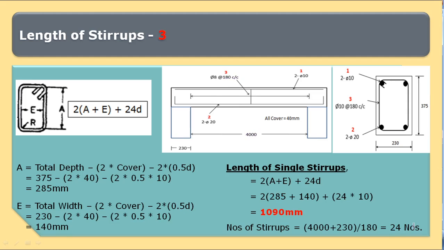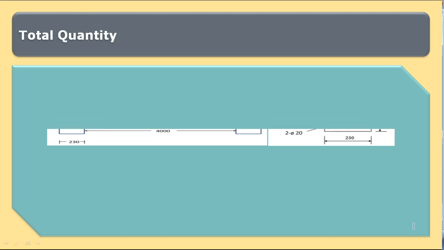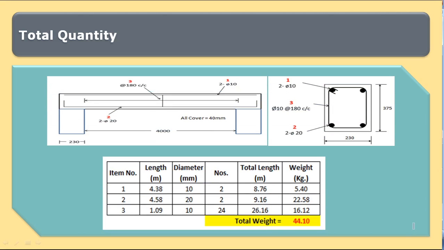Now we have calculated the length of all the items of steel reinforcement in a beam. We need to multiply this with the area and the density so as to get this in terms of weight. So total quantity, for item 1: length of single bar is 4.38 meter, diameter of the bar is 10 mm, and the number is 2 here, that is the top bar.